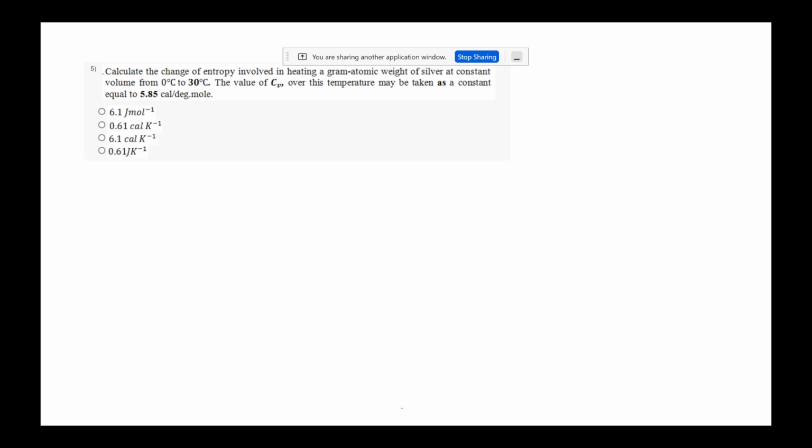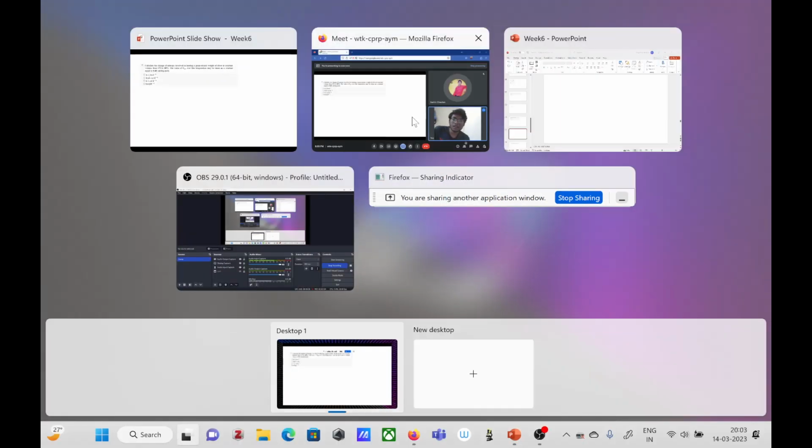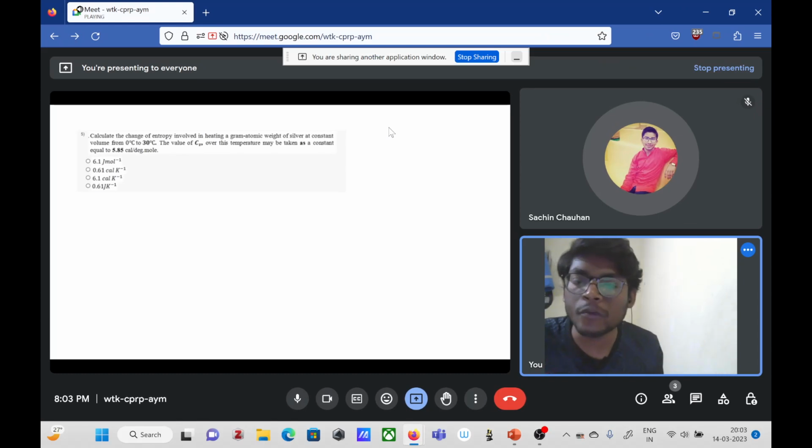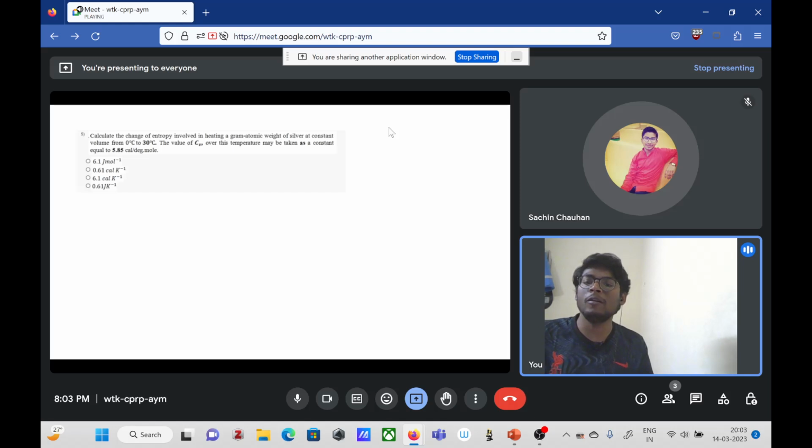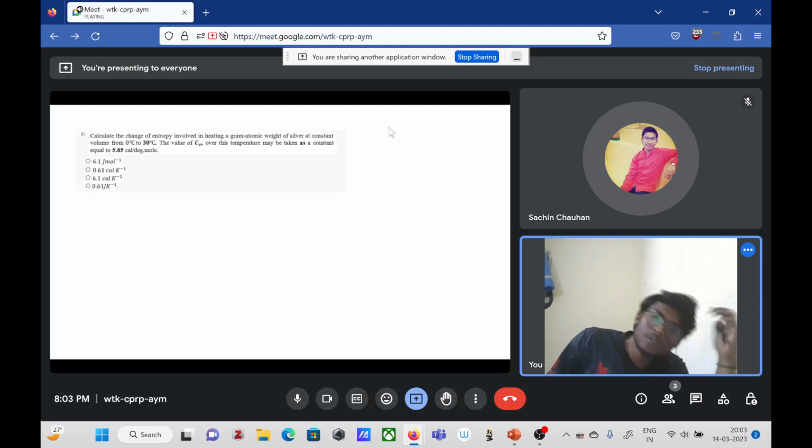Last problem of this session today. This says calculate the change of entropy involved in heating a gram atomic weight of silver at constant volume from 0 degrees centigrade to 30 degrees centigrade. The value of Cv is given as this. So far, can you do this problem?